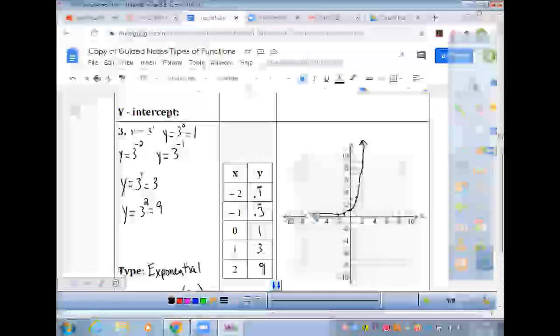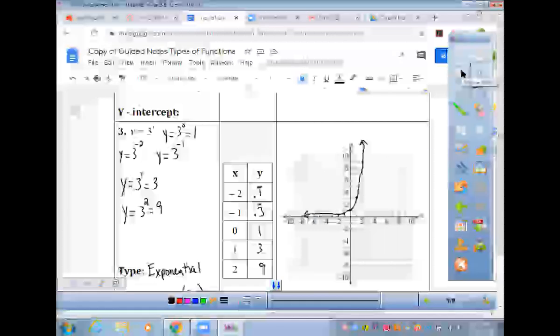Yep, it's a little bit wobbly, but good enough. Any questions on number 3? Okay.